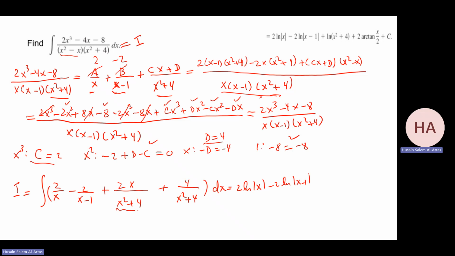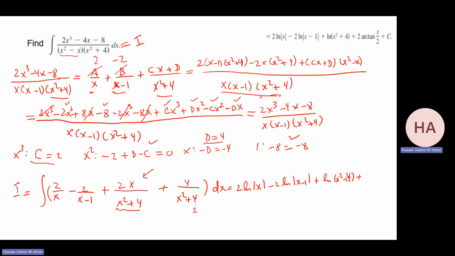Here, if this is u, this will be du. So I have plus ln of x squared plus 4. It's always positive, so I don't need the absolute value. And this one is what? This is the tan inverse. So I have 4.